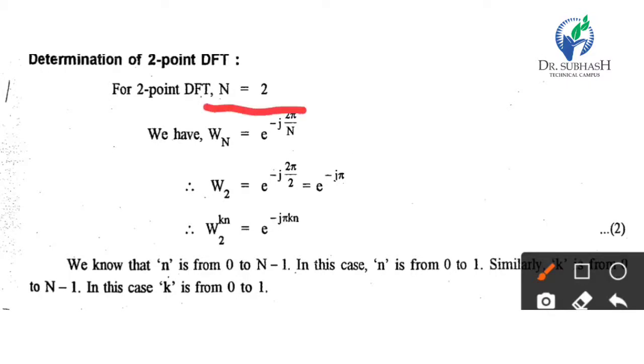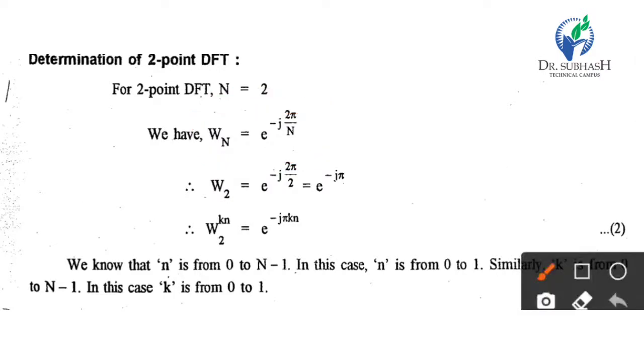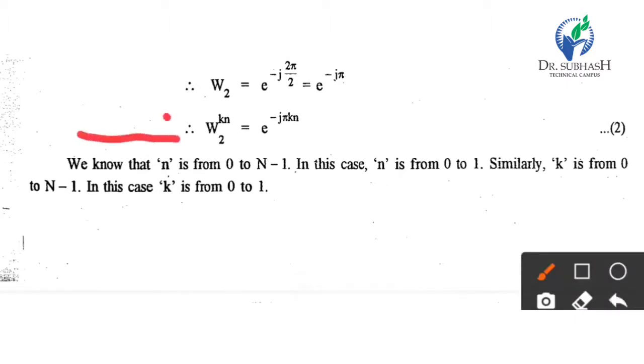We have W_N equal to e raised to minus j 2 pi upon N. Putting capital N equal to 2, W_2 equal to e raised to minus j 2 pi upon 2, so it becomes e raised to minus j pi. So W_2 raised to kn equals e raised to minus j pi kn.